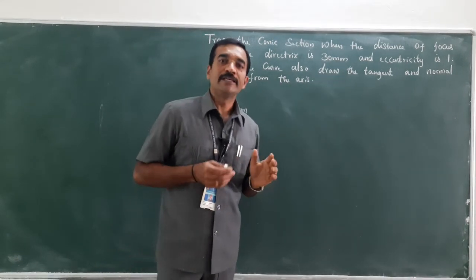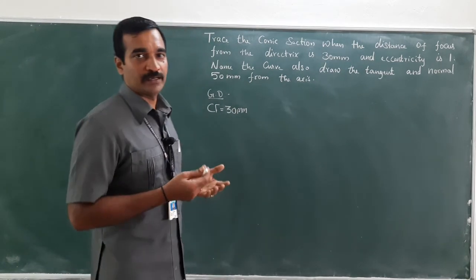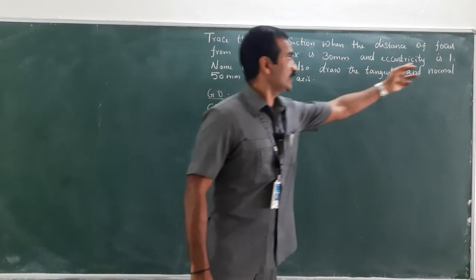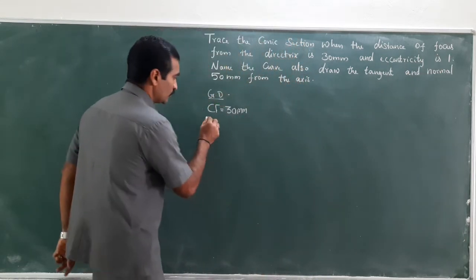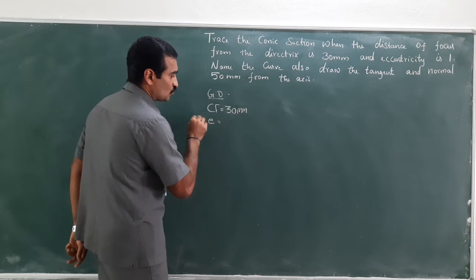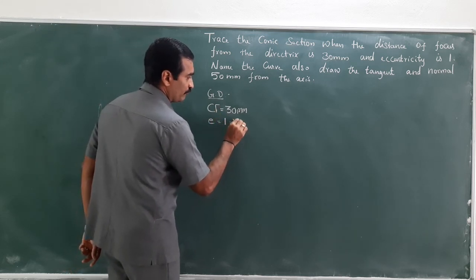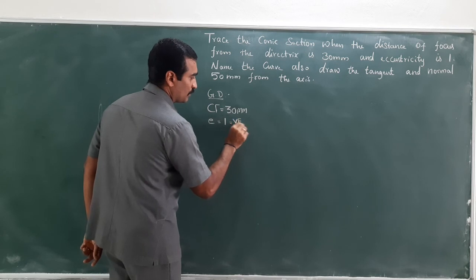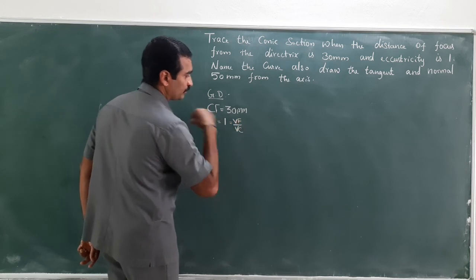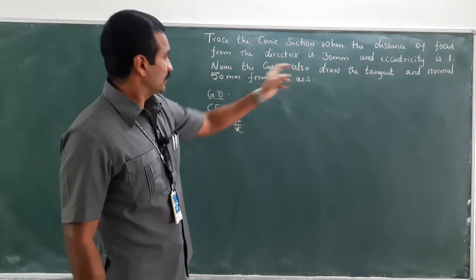If E is greater than 1, the curve should be a hyperbola. Here the eccentricity is 1. Therefore, eccentricity, denoted as small e, is equal to 1, which is nothing but VF by VC.